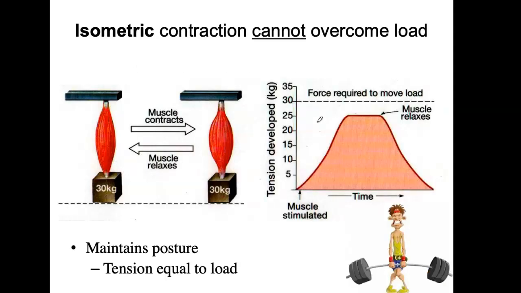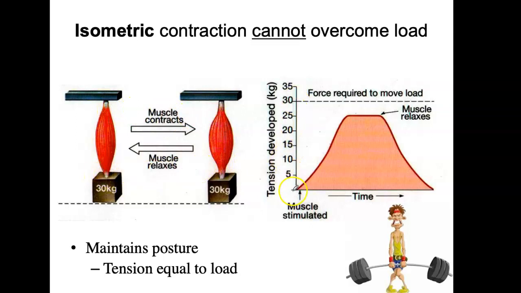Okay, how about back to the isometric, same distance. In this case, you have a weight on the muscle of 30 kilos, and then this muscle contracts and it's creating force, but insufficient to lift the weight. So it stays the same length. This length hasn't changed. So it's isometric.